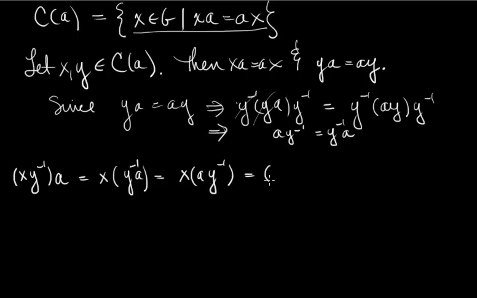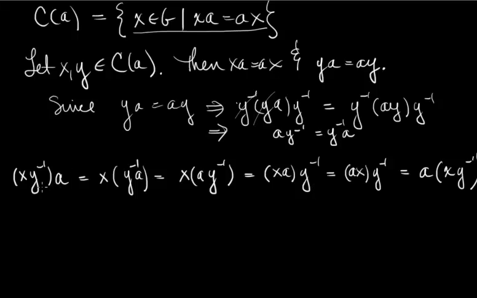Using the associative property again, I have XA Y inverse. And finally, commuting, we know X is in the centralizer, so XA is equal to AX times Y inverse. And now, using the associative property again, A times XY inverse.